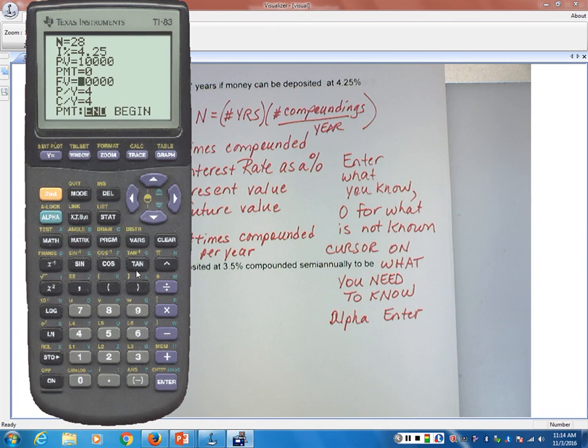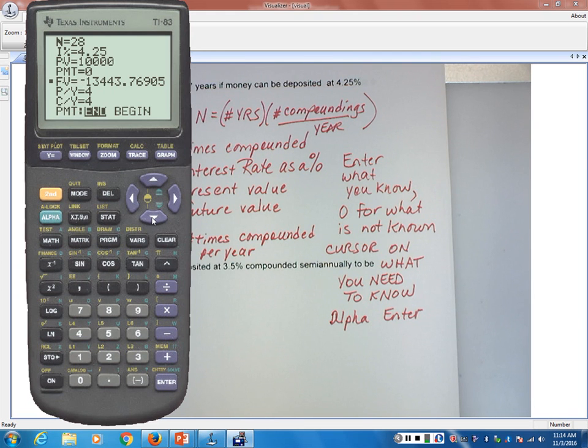And what we wanted to know was the future value. Then we put the zero in for future value, put the cursor on that zero, alpha enter to solve, and it says the future value is $13,443.77 without having to do any arithmetic.